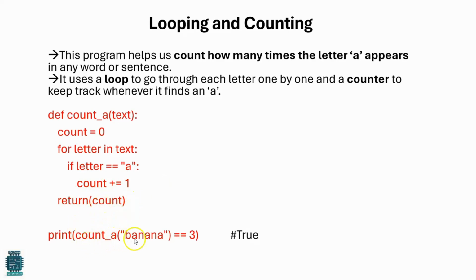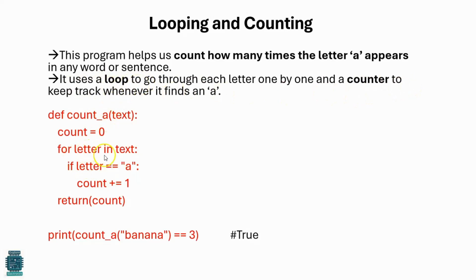After that it will check the count of A in banana, which is equal to 3, and it will print true. It's very simple. It just uses a loop and a counter.